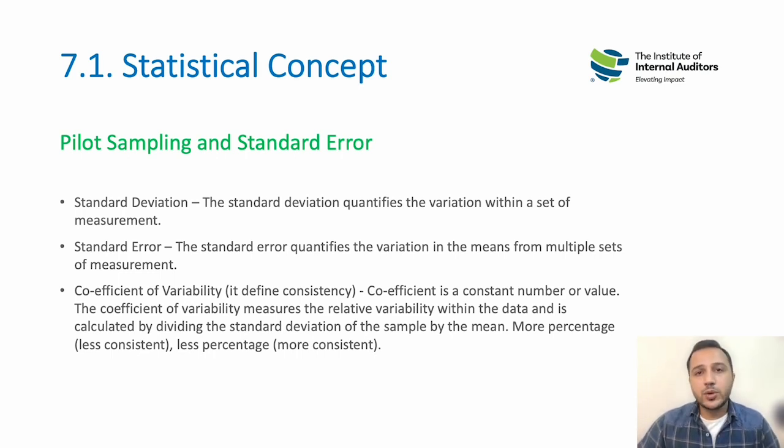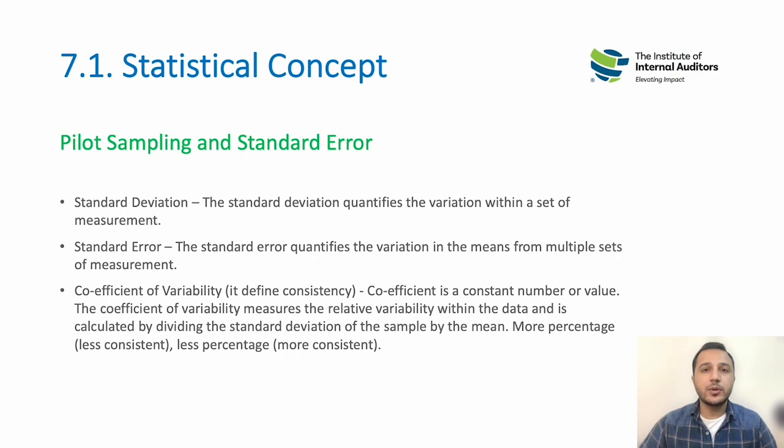A few things to note: as an auditor, whenever we go for an audit, we look into the entire population, and before we put all our effort into taking out a sample and reviewing it, we prefer to do pilot sampling.